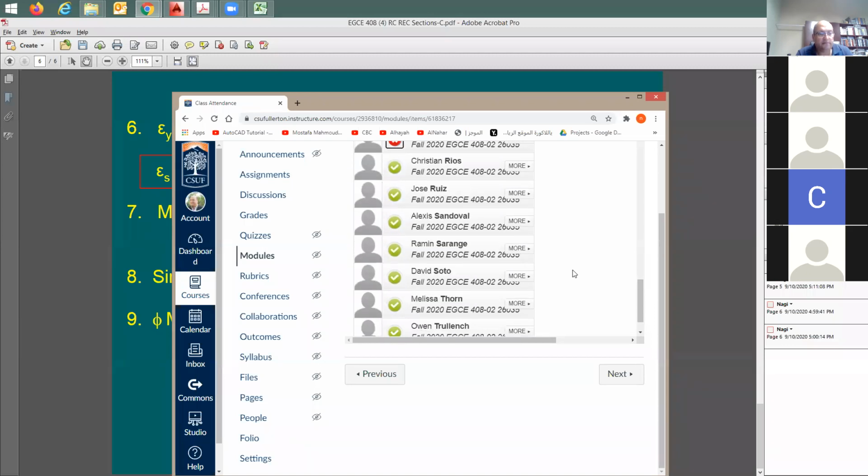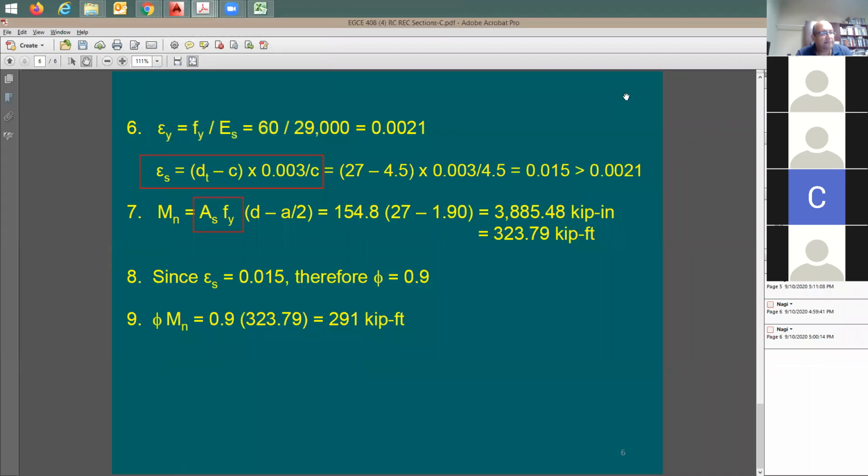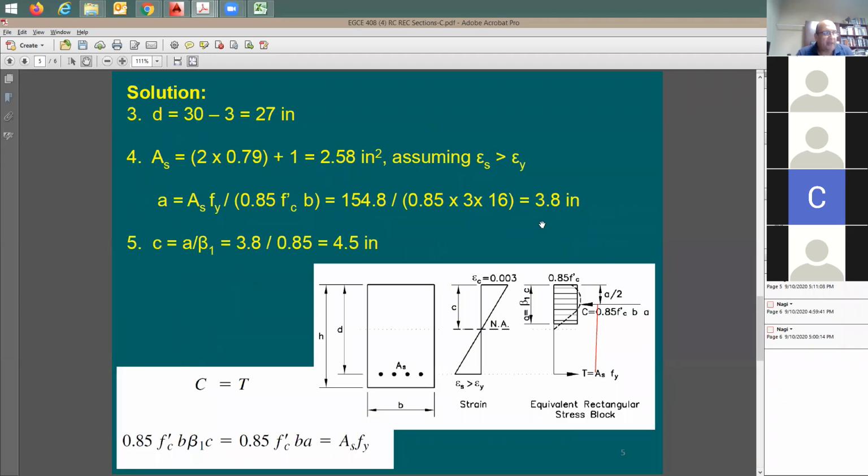Professor, I have a question. Yes? So for this example, our steel strain is 0.015. Is there any chance that the steel strain is too large and coming into the strain hardening region? Usually this is not a problem, but it can happen, because look at the equation. What's going to increase the strain in the steel?